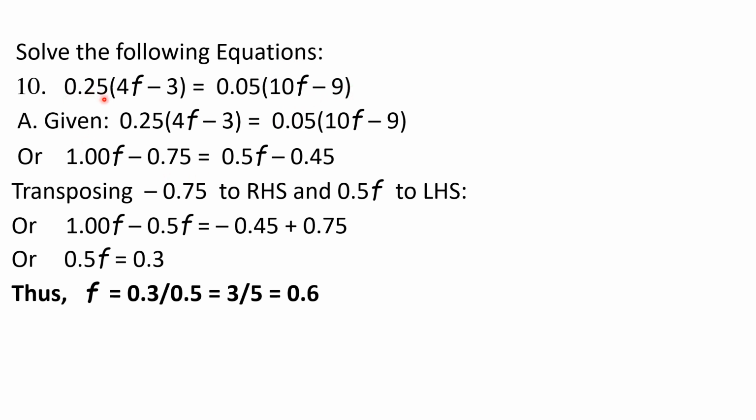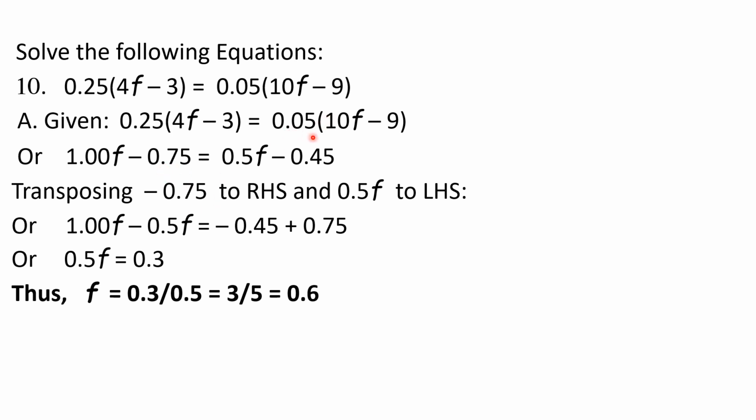So 0.25 into 4. Now you see 25 into 4 is 100, and there are two digits after the decimal, so it becomes 1.00f. Then minus 0.25 into 3 becomes 0.75 because 25 into 3 is 75, and there are two digits after the decimal, so 0.75.